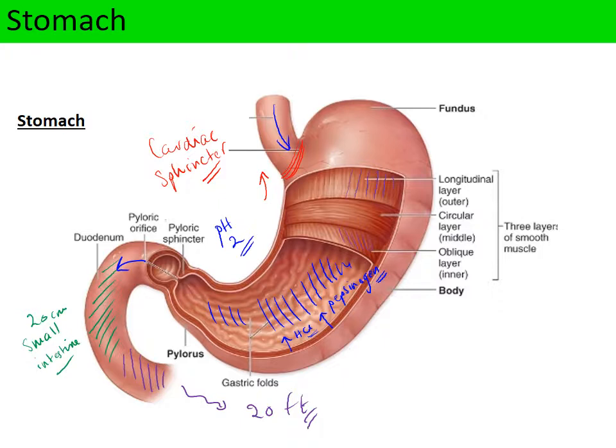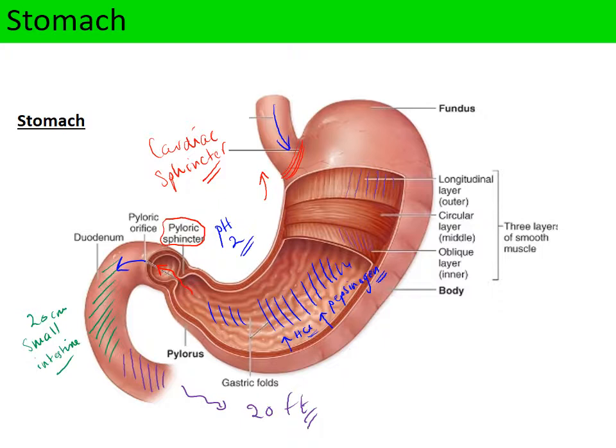The pyloric sphincter is this one here, and it's like a muscular valve, and it allows what we call gastric efflux. So when the pyloric sphincter opens, it allows the bolus of food with a little bit of the acid within it to move into the duodenum. It then closes. So it's called gastric emptying.